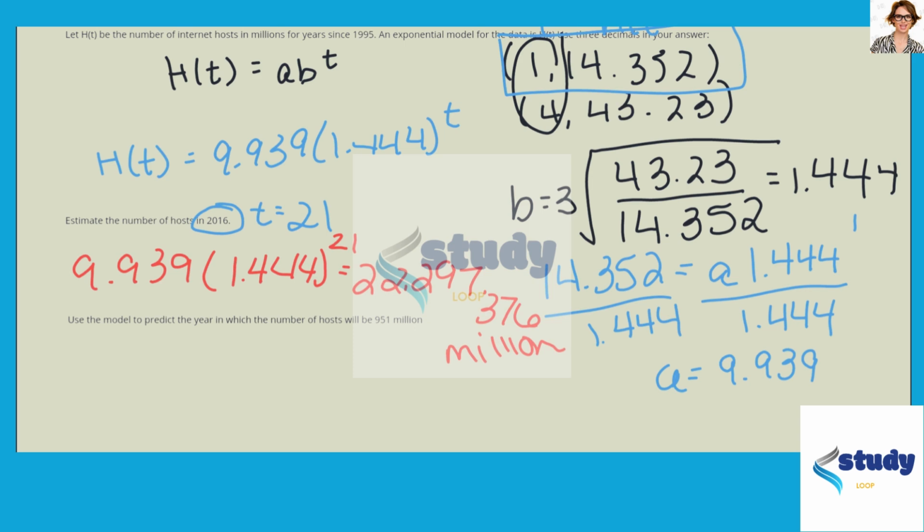Now if we want to predict when we will be at 951 million, this is going to be our h of t. So we're going to get 951 is equal to 9.939 times 1.444 to the t power.